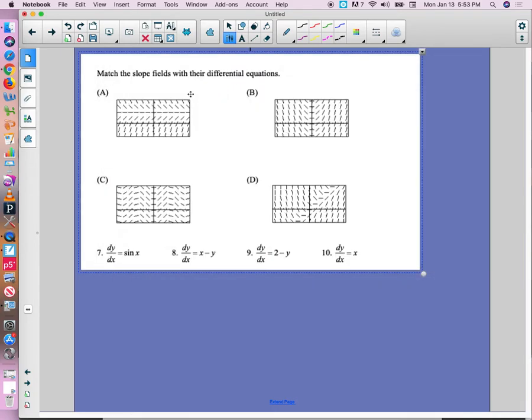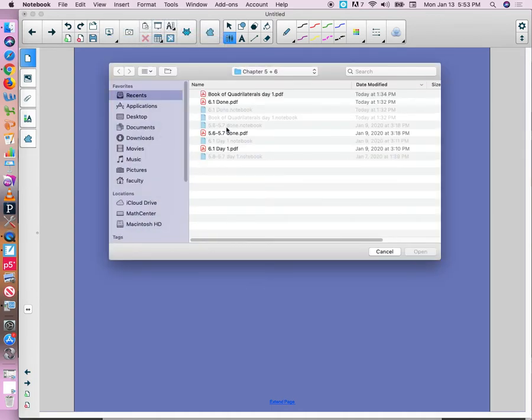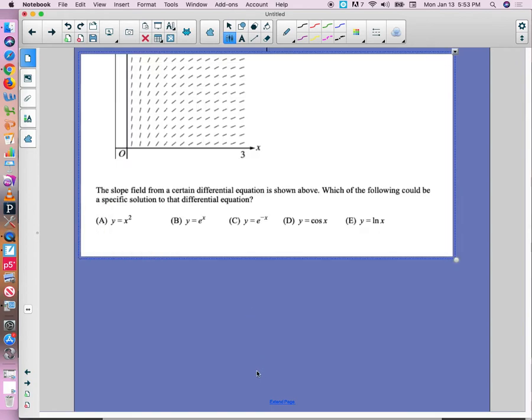Oh, different one, sorry. So this is what you're looking at on 15. Your picture's a bit smaller. I suspect that it's this one, just off the top of my head, because ln x looks like this. But let's check it. Which of the following could be a specific solution to the differential equation?